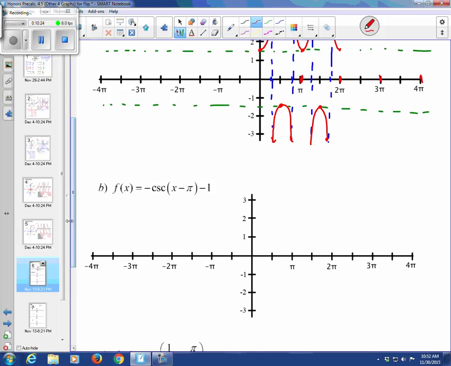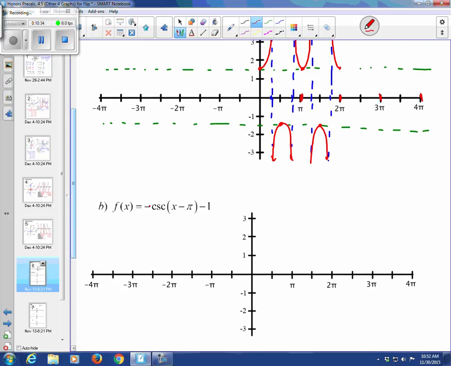All right, so looking at our b right here, we've got negative cosecant of x minus pi, minus 1. So we've got a bunch of rigid transformations here. We know that that negative means that we're going to see a flip of the cosecant function. So instead of having a min at that first quarter, we're going to have a max at that first quarter, looping up to that max, and our min is going to happen at the third quarter.